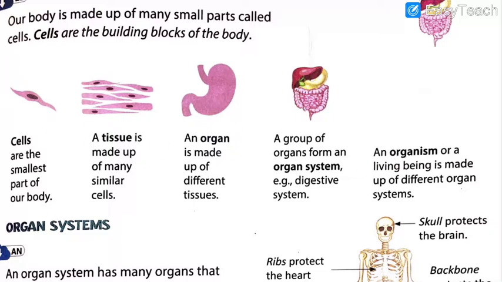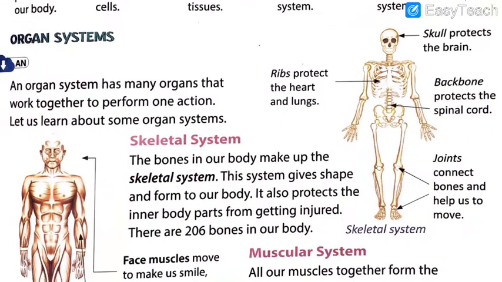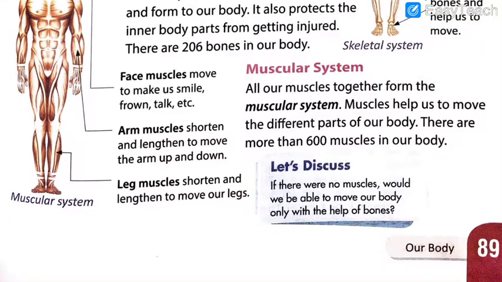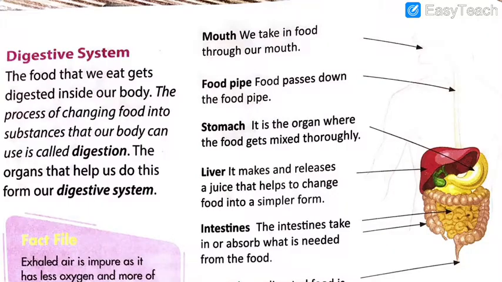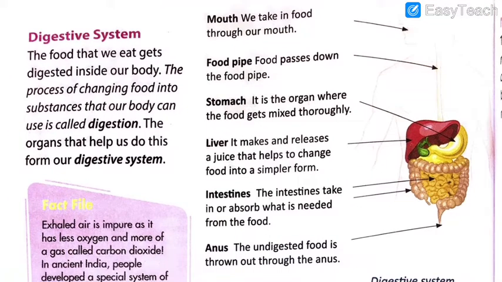So this was an ascending order. I explained in the previous lecture how the body is formed. Then we saw the organ systems, in which we saw the skeletal system, muscular system, and then digestive system. We even saw the labeled diagrams of various body parts, which helped you to understand the body parts in detail.